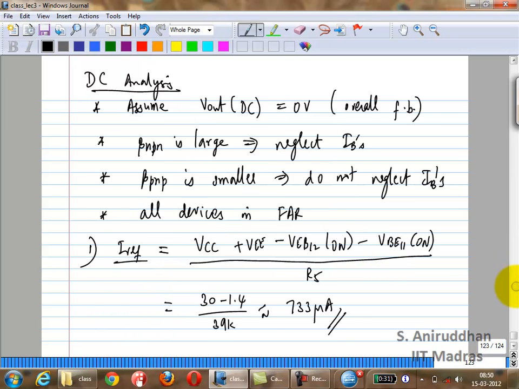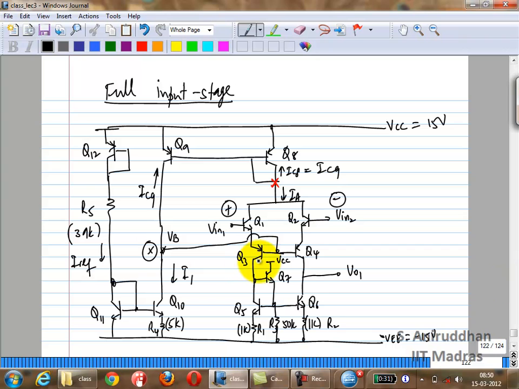The other thing you are going to assume is, because Q1, Q2 have very large betas, you are going to assume that the collector current is same as the emitter current, at least for Q1. Okay, and that happens to be the emitter current for Q3 and Q4.